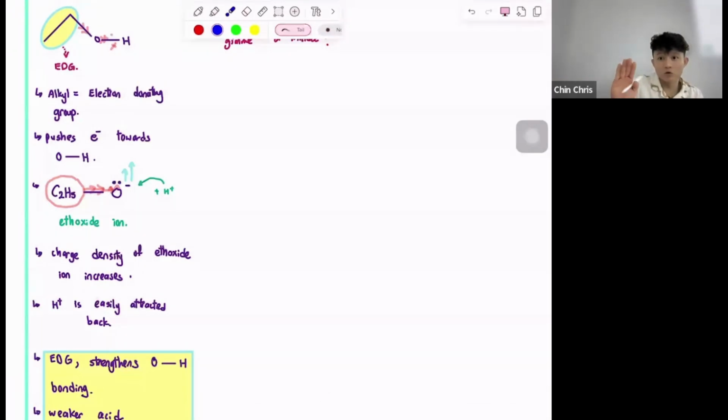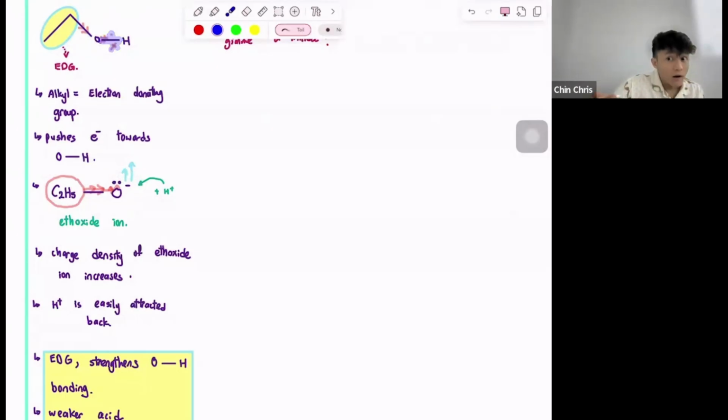Even before an ethoxide ion is formed, your EDG is already pushing your electrons towards the O and H, which means this bond is very hard to break in the first place.